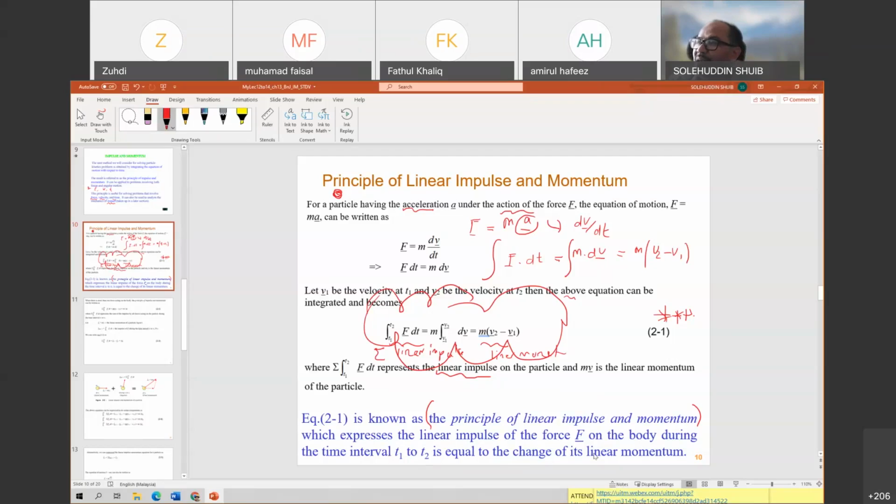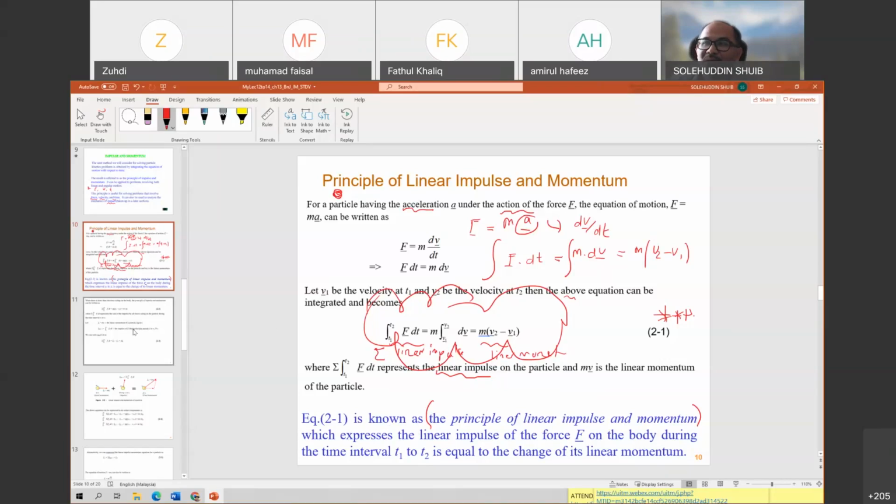The linear impulse of the force on the body during the time interval is equal to the change in linear momentum. mv is the linear momentum. That's the meaning. When we put the equation in writing, it says like this.